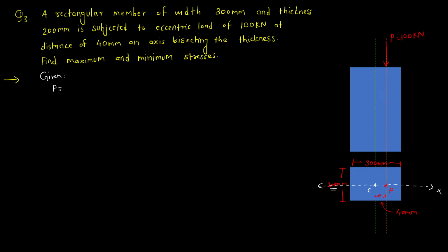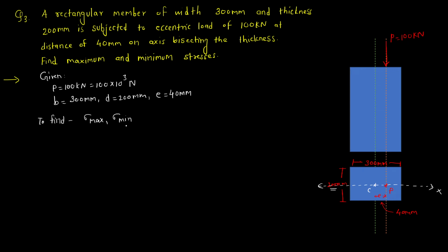So given the load is 100 kilonewton, that is 100 times 10 to the power 3. Then B is 300 mm, D is 200 mm, and e is 40 mm. So we have to find maximum stress and minimum stress.